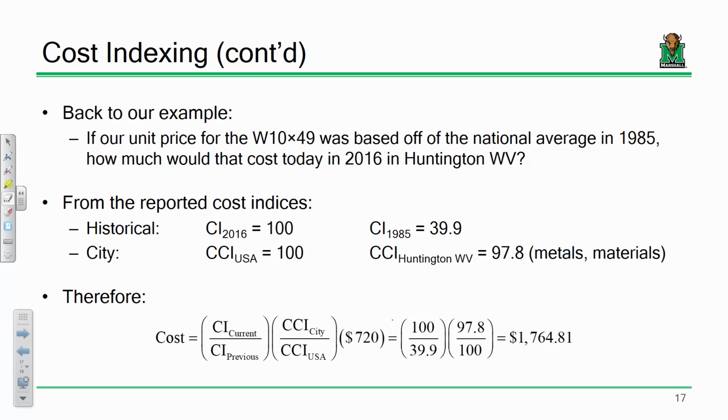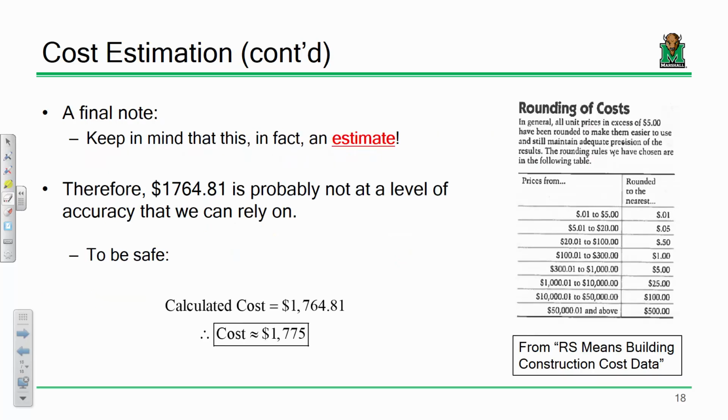Any questions? Okay. Now, before we end and get to a more detailed example, you all are going to be estimating projects that might be $50 million. What I do not want to see is a cost estimate in your presentation that says, here's our project, and we estimate that it costs $52,946,852.27. You're not that good.